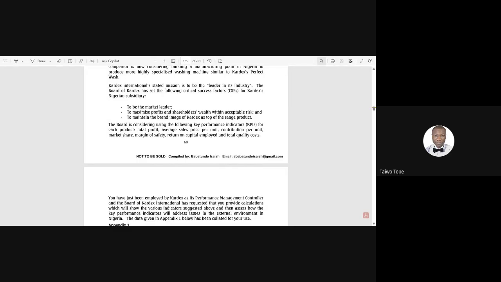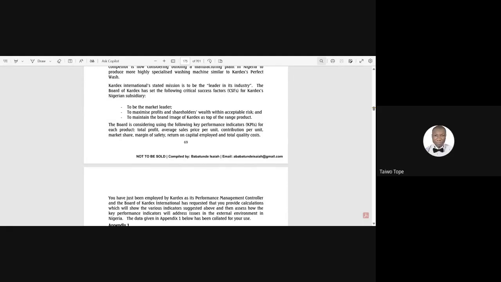So return on capital employed is how much profit a company earns for every one of its investments. Now you've invested 1 million to buy a machine.